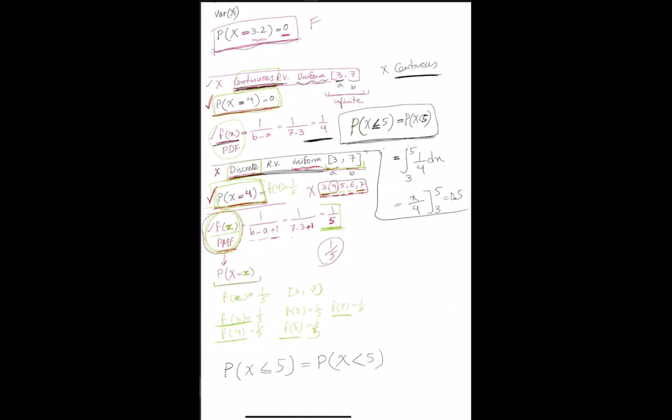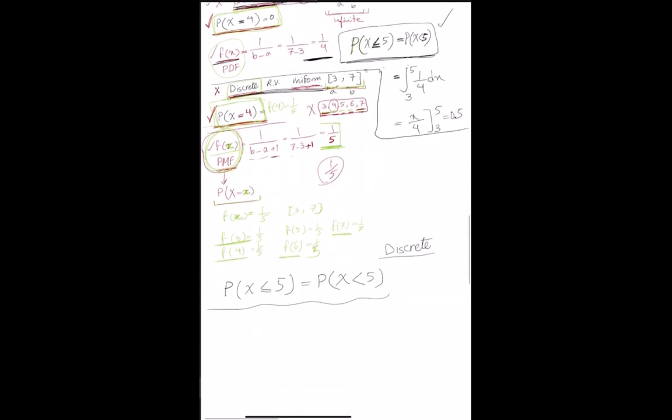X here is a discrete random variable. Can I still say that this is correct, similar to what we said for a continuous random variable? No. Why? Because each one of the values has a different probability.